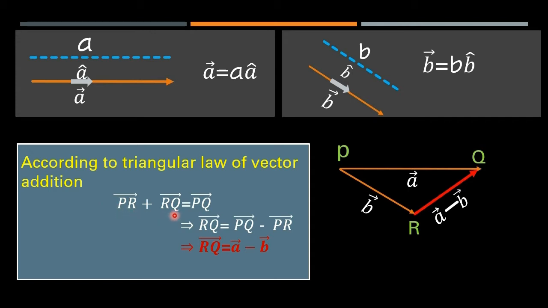PR vector plus RQ vector is equal to PQ vector. Therefore, RQ vector is equal to PQ vector minus PR vector. Ultimately, we get RQ vector is equal to vector A minus vector B. These vector operations are important because we are going to use them in understanding the centripetal force.